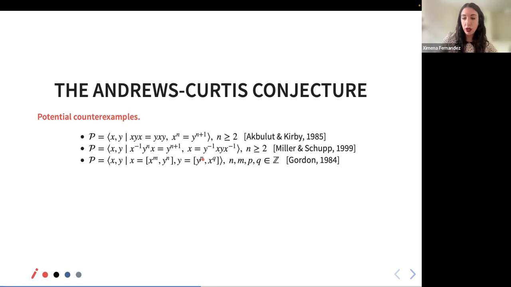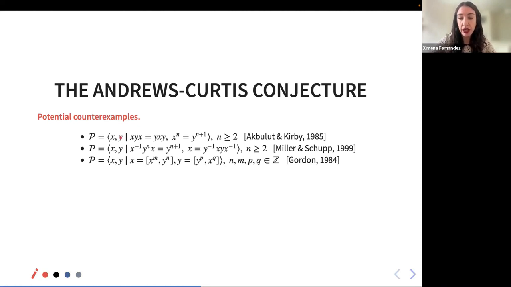Some approaches related to these counterexamples, and also to the conjecture in general, are associated to the search over some subset of all the possibilities, all the transformations that you can perform, starting with some presentation at the beginning.